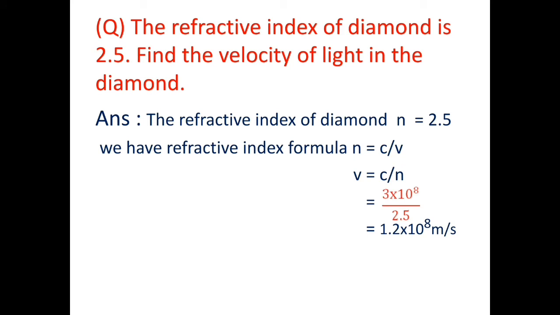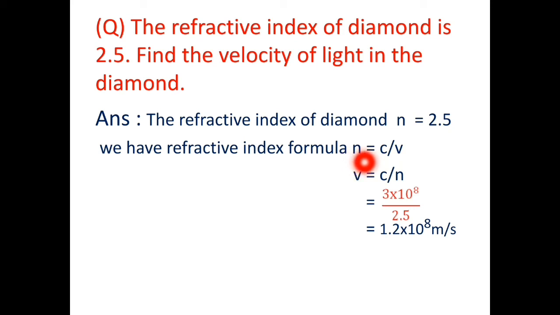The refractive index of diamond is 2.5. Find the velocity of light in the diamond. In this problem, the refractive index n equal to 2.5 is given, and we have to find the velocity v. So what is the basic formula here? n equal to c by v.